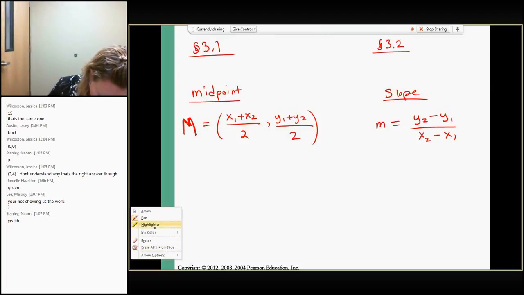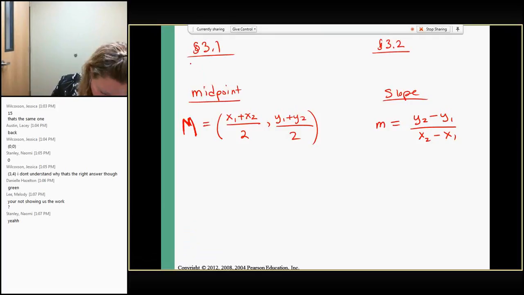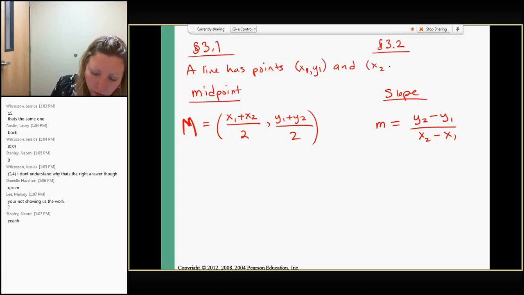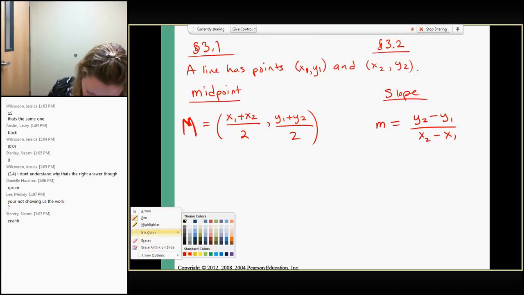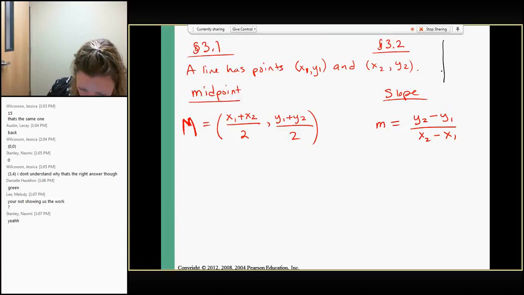So basically, okay, you have a line. A line has points. Go ahead, take notes on this. Has points x1, comma, y1, and x sub 2, comma, y sub 2. Now, if I were to draw a picture over on the side, here's your x-axis, here's your y-axis.